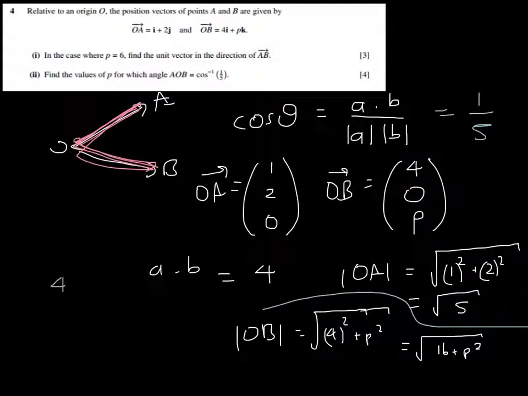For the bottom, the magnitude of A is the root of 5, and the magnitude of B is the root of 16 plus p squared. So let's put that all on the bottom, root of 5 and root of 16 plus p squared, and that all is going to equal 1/5.